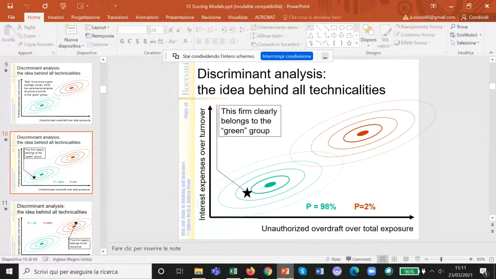This means that, generally speaking, the idea underlying discriminant analysis is that if you take one company randomly and look at the values of those two variables for this company, and these values correspond to the point highlighted in this chart, the black star, then you would expect with a very high probability that this is a good company, i.e. it belongs to the group of good companies that did not default, and vice versa, it has a lower probability of belonging to the bad companies.